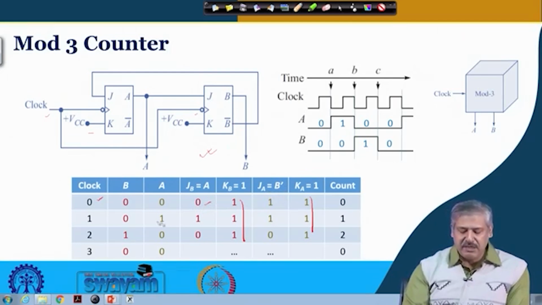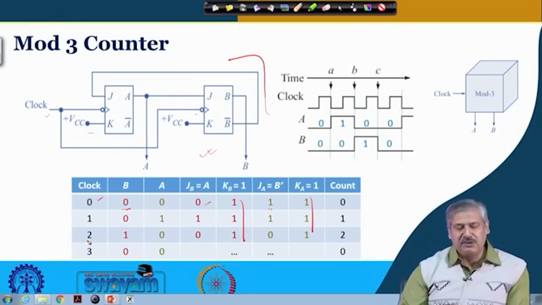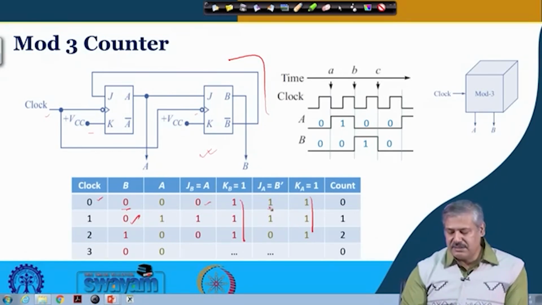JA is B bar, B is 0, so this is 1. So, after the clock trigger, what will happen? JB is 0, so B will remain at 0, and A has J and K both 1, so it will toggle from 0 to 1. Is it clear? From 0 0, we have come to 0 1.